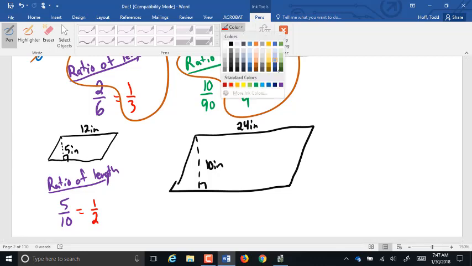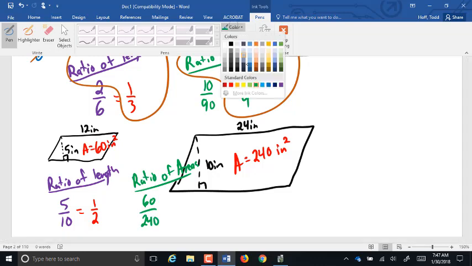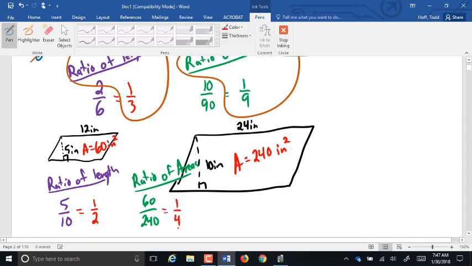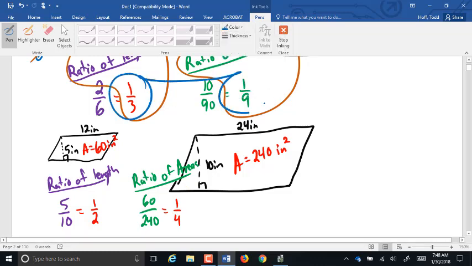So 1 to 2 or 2 to 1 ratio, depending on how we look at it. What's the area of this? 60 square inches. The area of this? 240 square inches. My ratio of areas is 60 to 240, which reduces to 1 to 4. Do you see a relationship between these two numbers and these two numbers?